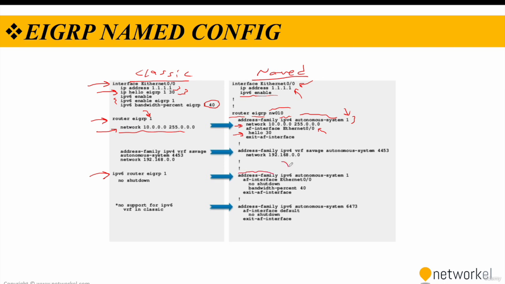This time I am using the IPv6 keyword followed with the autonomous system number 1 still. That is the equivalent of this command actually. Then I'm going to AF interface Ethernet 0/0, and I'm defining my bandwidth percent as you are seeing in here, which is the equivalent of this command. And this is how I am configuring the EIGRP named mode really.